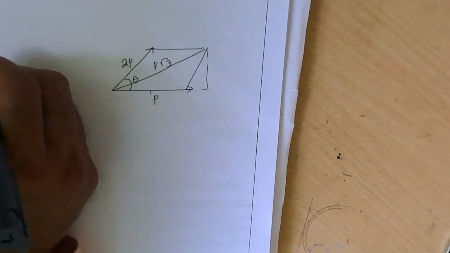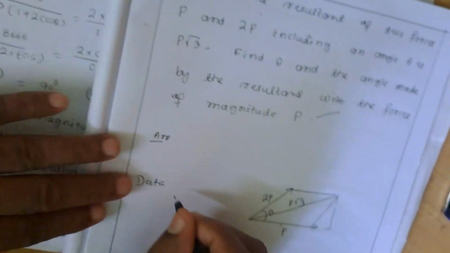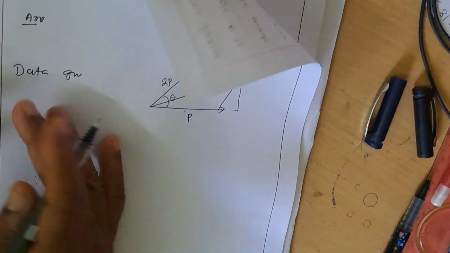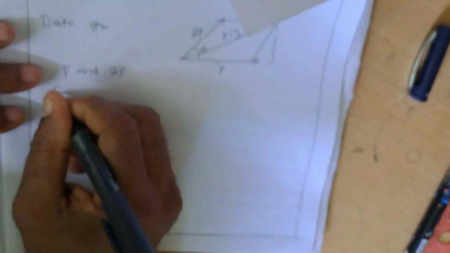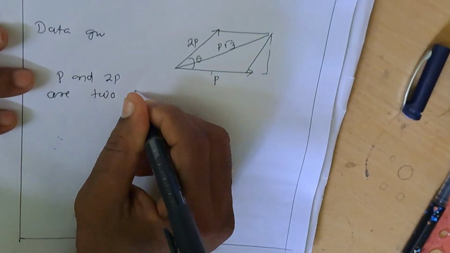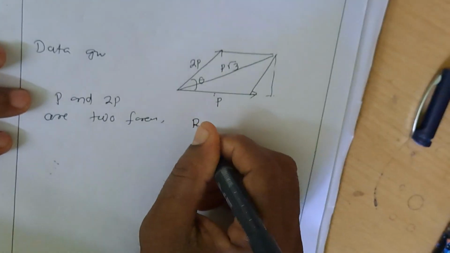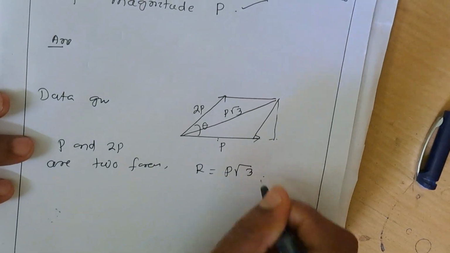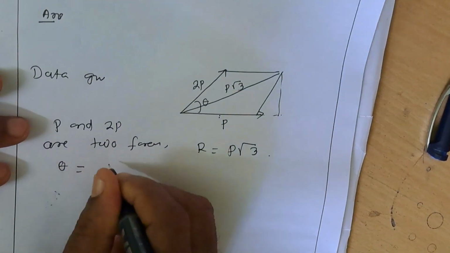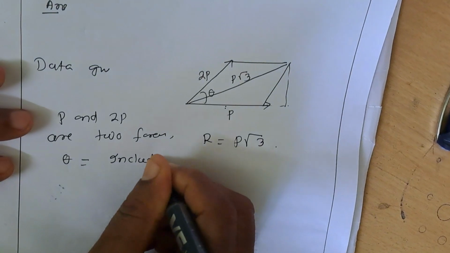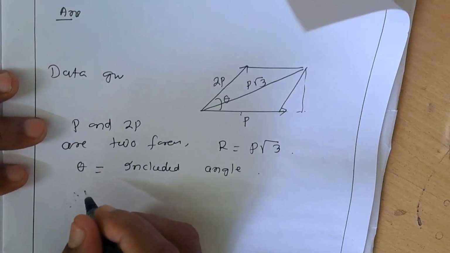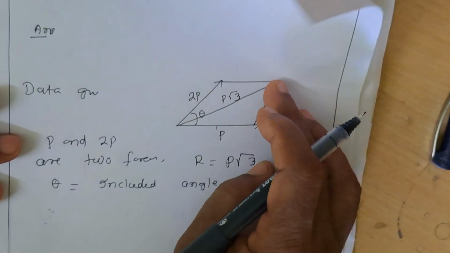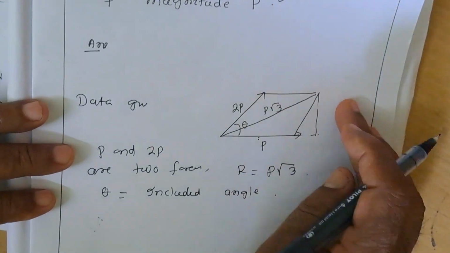Therefore, the data given: P and 2P are two forces, R is equal to P root 3, and theta is the included angle. Let R be the resultant of the two forces P and 2P.